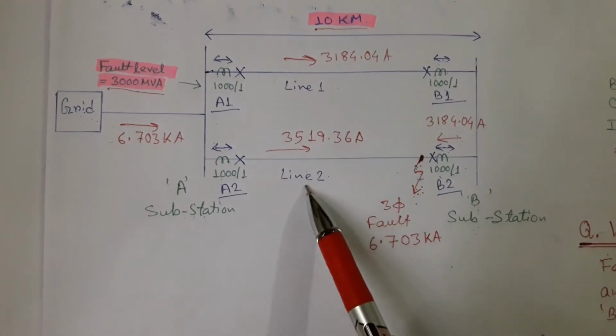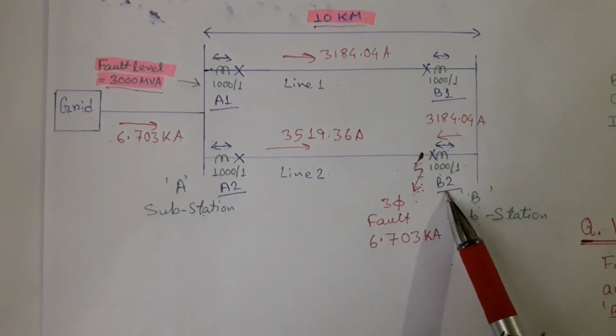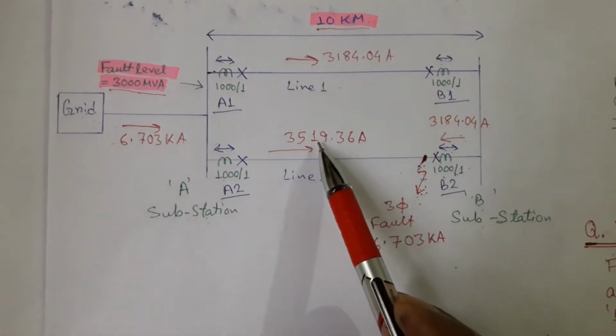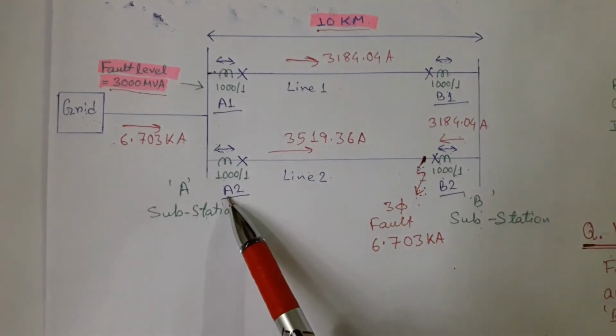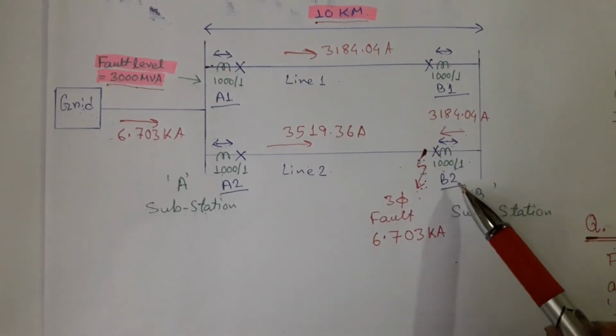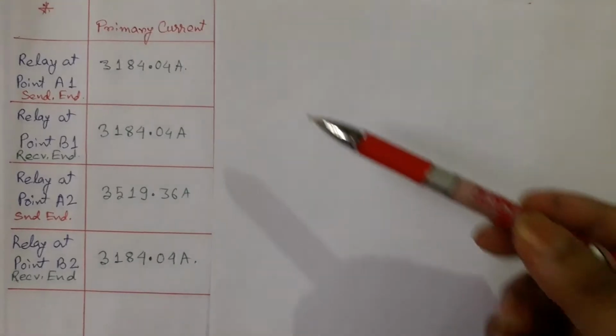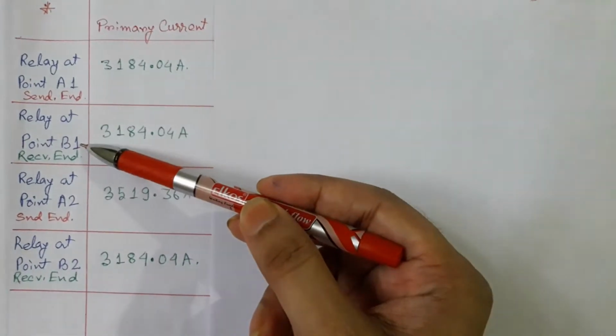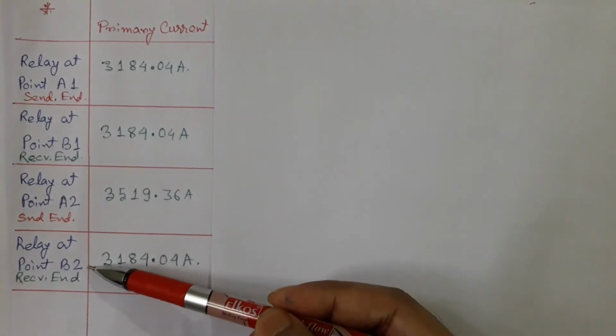But for line 2, sending and receiving end currents are different. It is 3519 for A2 point and 3184 in B2 point. So we tabulated primary current for A1, B1, A2 and B2 points.